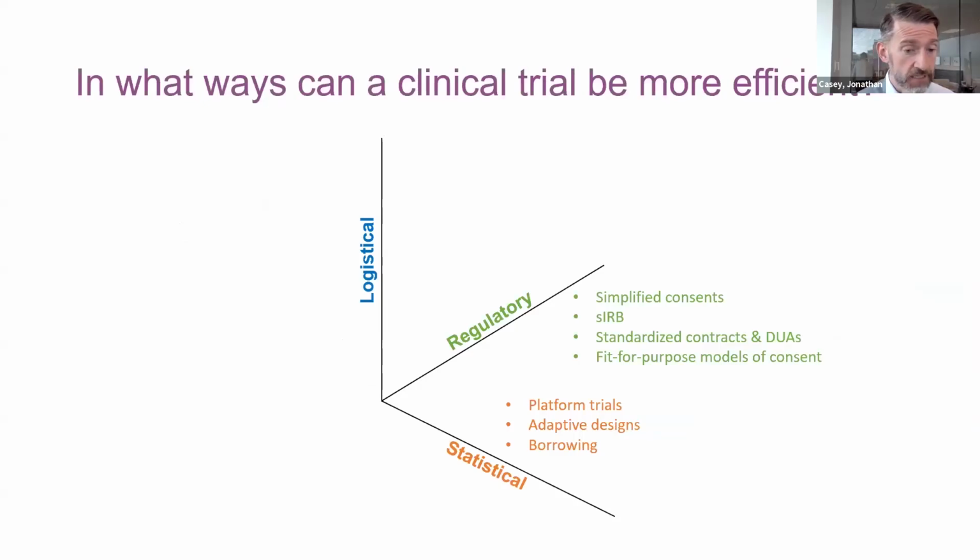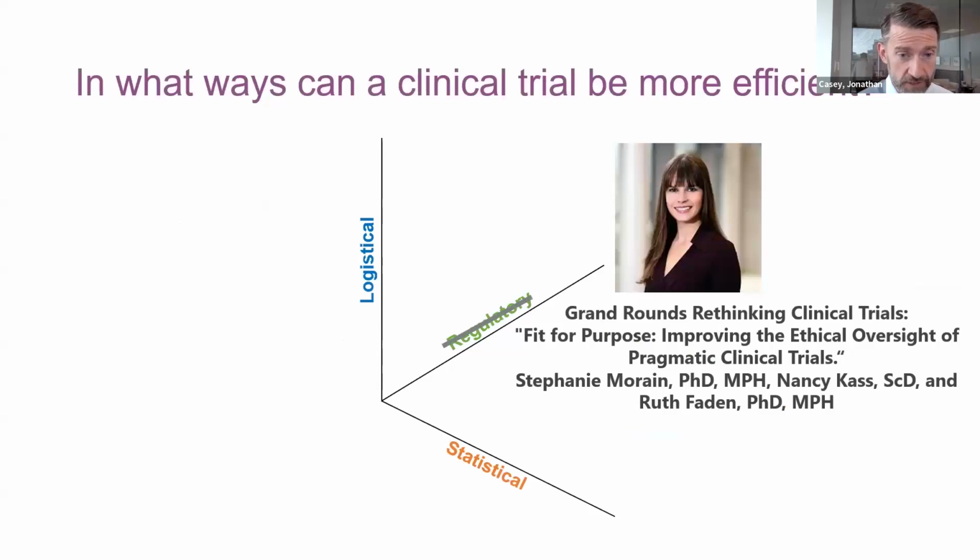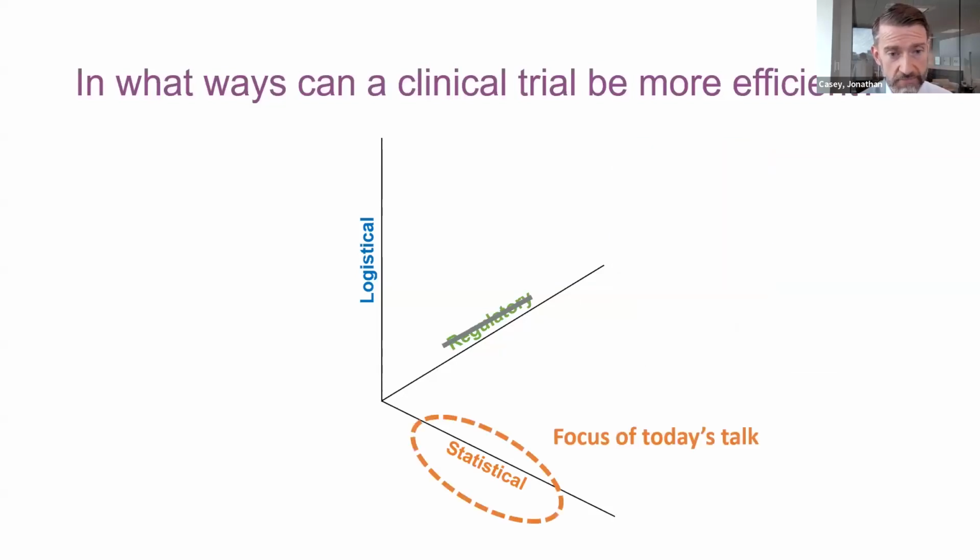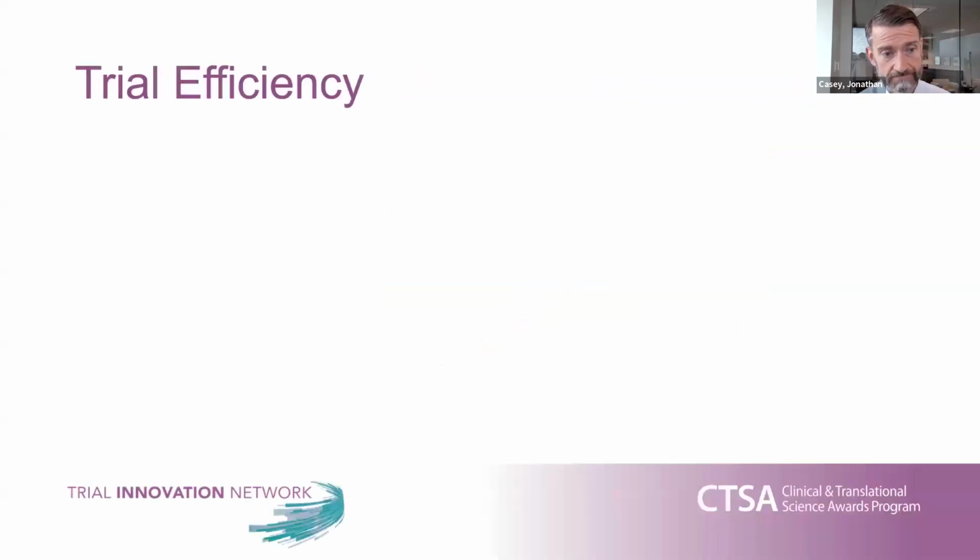And I want to say that we're not going to talk about regulatory efficiency today, but I'm going to highlight that one of my friends and colleagues, Stephanie Morain, as well as Nancy Kass and Ruth Faden, will be giving this lecture next week, addressing very directly regulatory efficiency by talking about fit-for-purpose consent models and improving the ethical oversight of pragmatic clinical trials. So we're going to focus today on this tension around logistical and statistical efficiency.